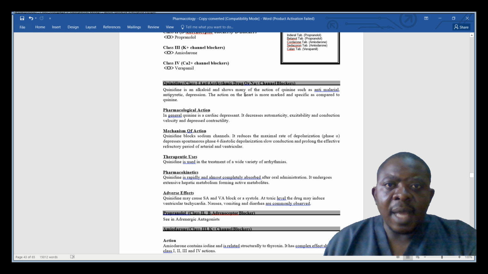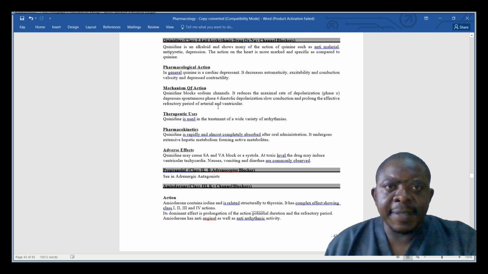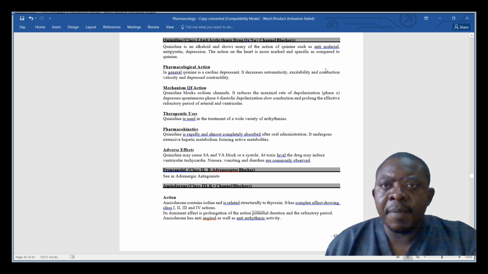The action on the heart is more marked and specific as compared to quinine. Pharmacological action. In general, quinidine is a cardiac depressant. It decreases automaticity, excitability, and conduction velocity, and depresses contractility.